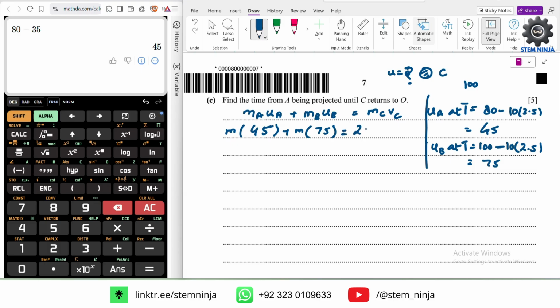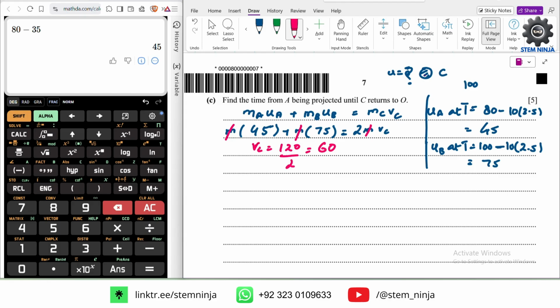Equals 2m VC, so m gets cancelled. So VC is basically 45 plus 75, which is 120, divided by 2. So that is 60 meters per second.